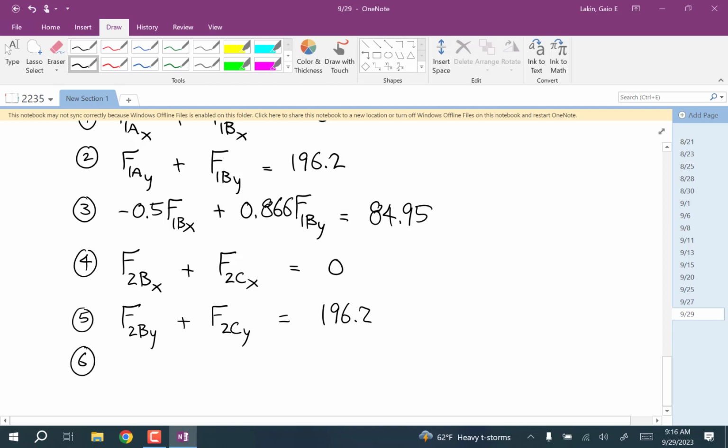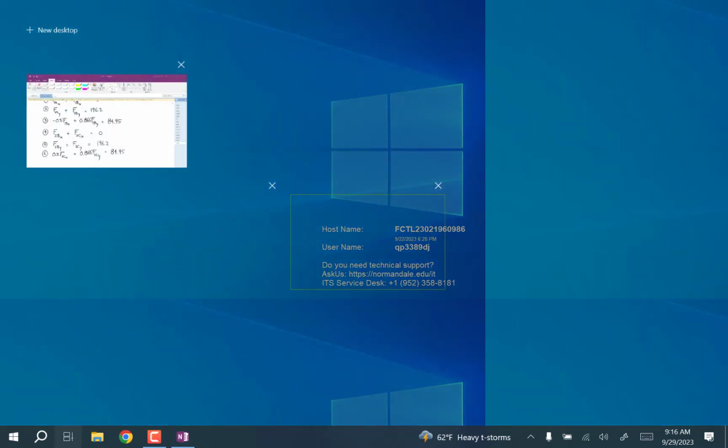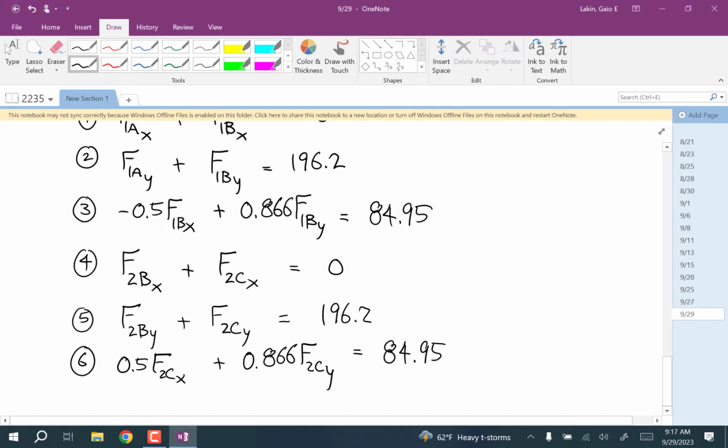And then the 6th equation says 0.5 F2CX plus 0.866 F2CY is equal to 84.95. Okay, so that's our 6 equations so far.